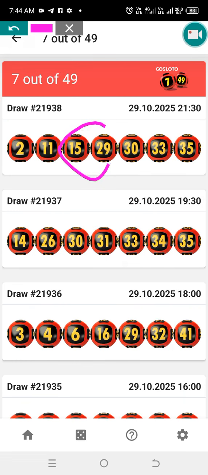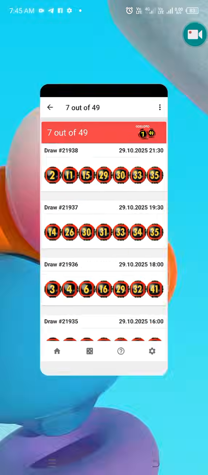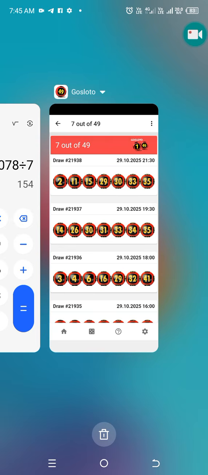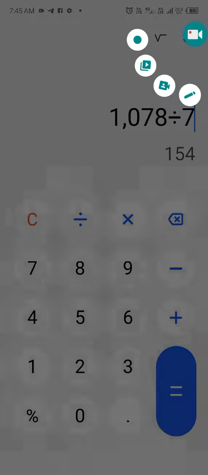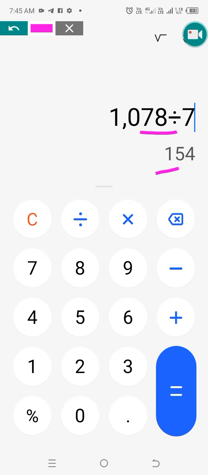Here it is. Now we move. Here we have 23, I think. Let's see, but you can see here, we don't have another hot number.